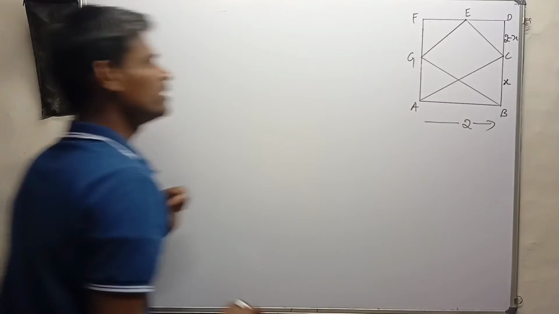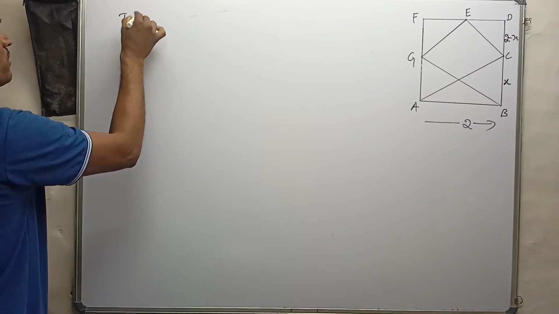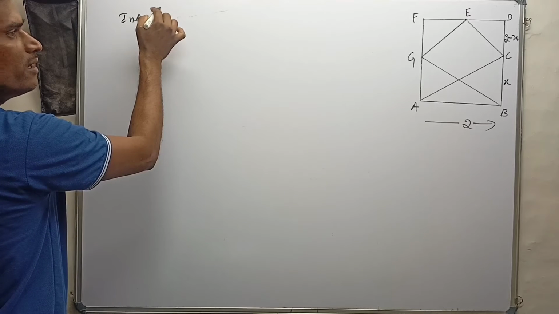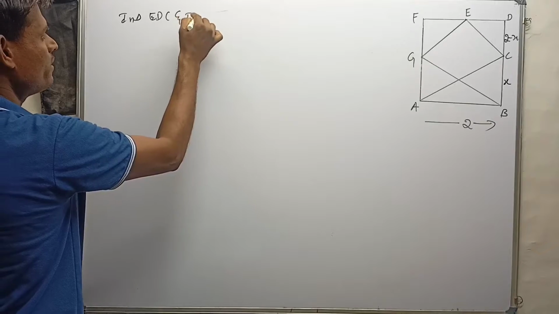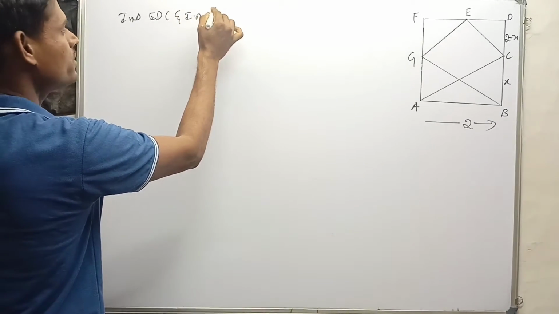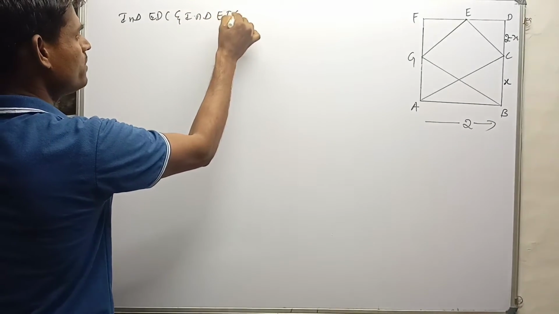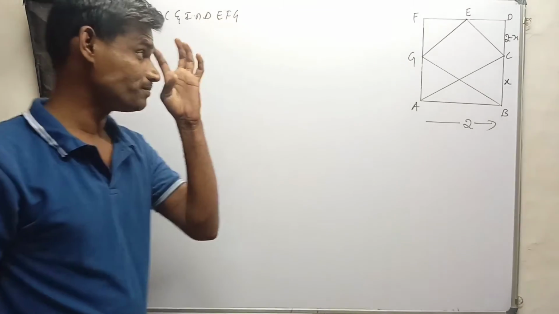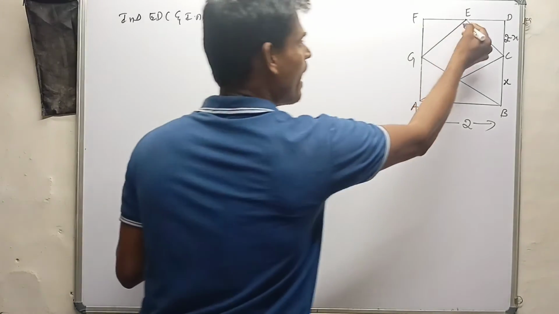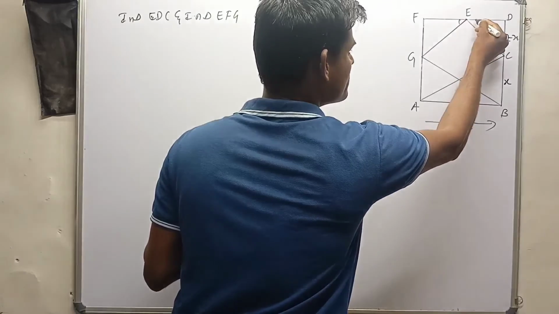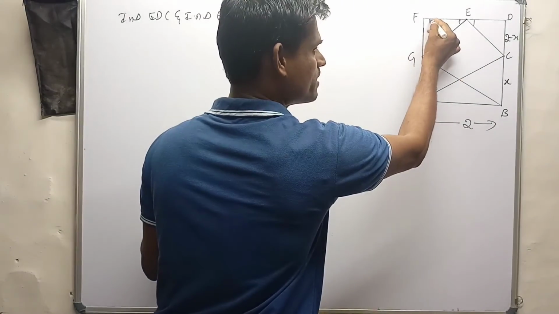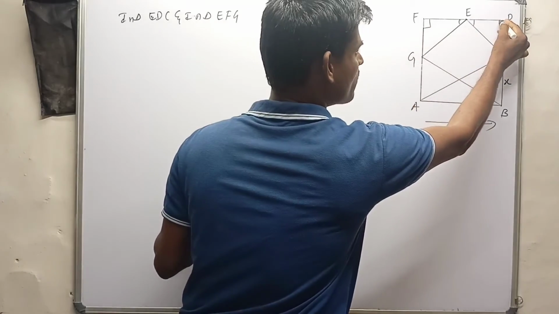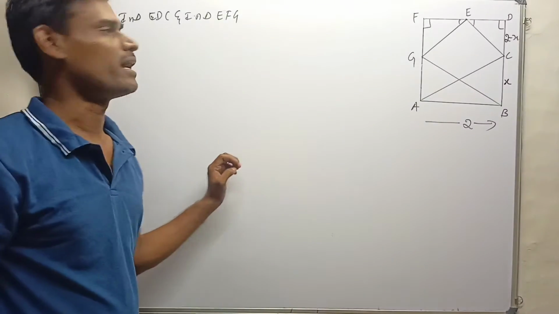Now let's take triangle EDC and triangle EFG. We know that the angle of incidence is equal to the angle of emergence, and in a square each angle is equal to 90 degrees.